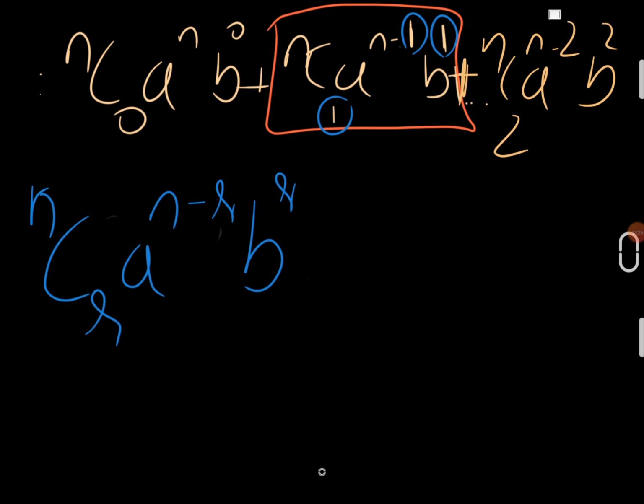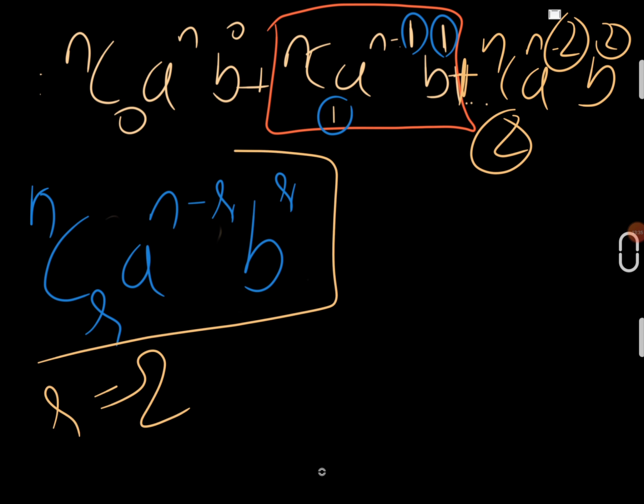Now look at this. Again, you see 2 is repeating. So if r is equal to 2, then this formula is again valid, right? So we see that it's valid for every number, for nC3, nC4, nC5. It's always valid.